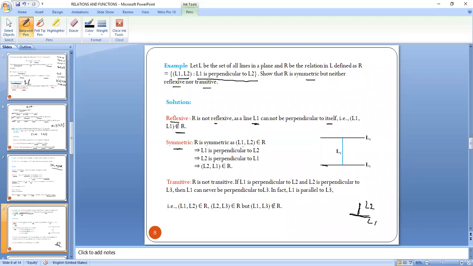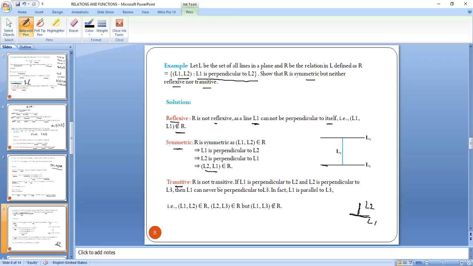So R is symmetric: L1 is perpendicular to L2 implies L2 is perpendicular to L1, which implies L2 comma L1 belongs to R. Now L1 comma L2 belongs to R implies L2 comma L1 belongs to R, which shows that the relation is symmetric.